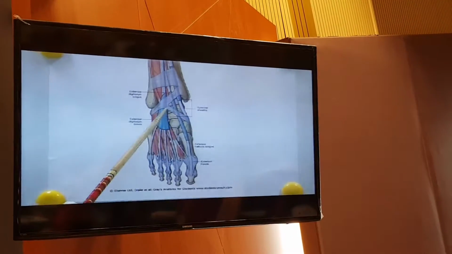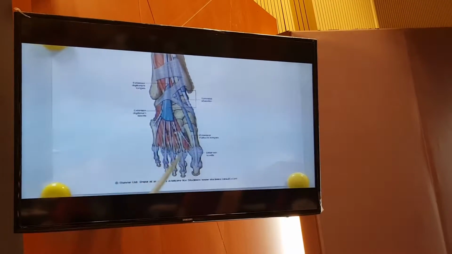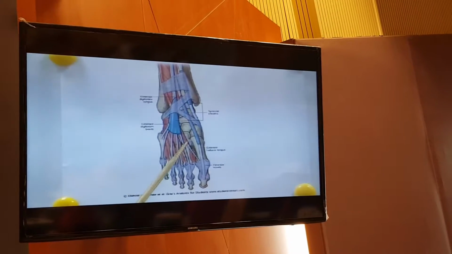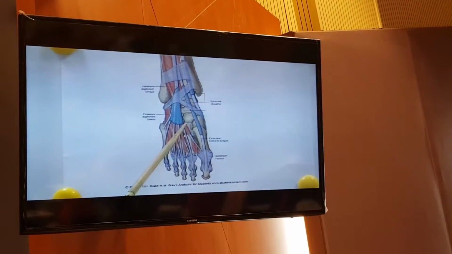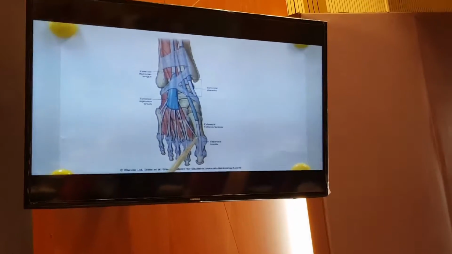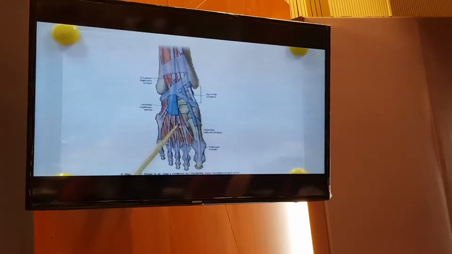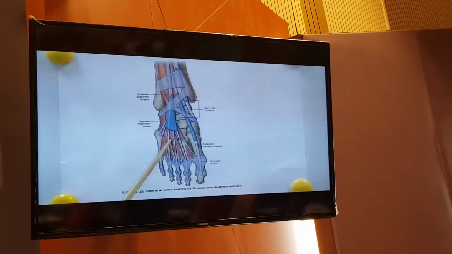From the extensor digitorum longus tendon, if you see here, here is the extensor hallucis brevis muscle, and this tendon is there. From other tendons, we have extensor digitorum brevis muscle, and these tendons are coming here.